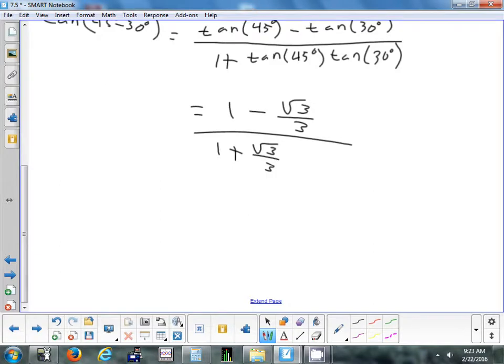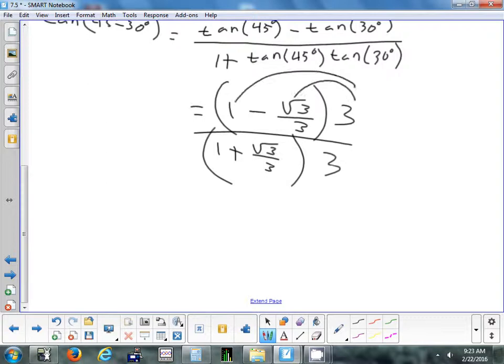All right, and that's basically the answer. The only thing they might do, because that's a little messy, is if you triple everything in the top and triple everything in the bottom, using distributive property, it's going to get rid of these denominators.